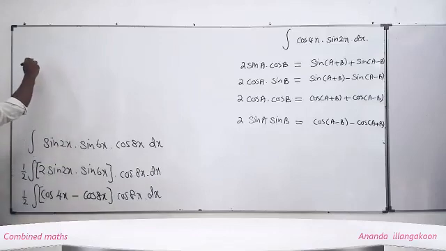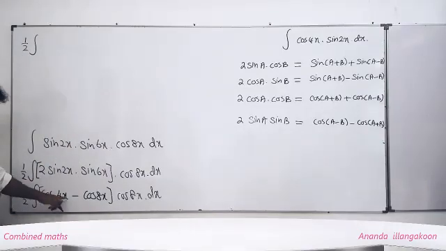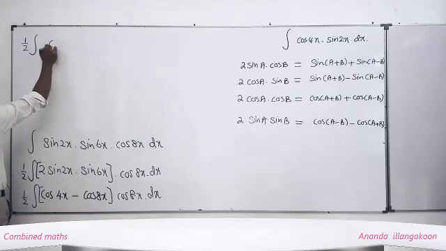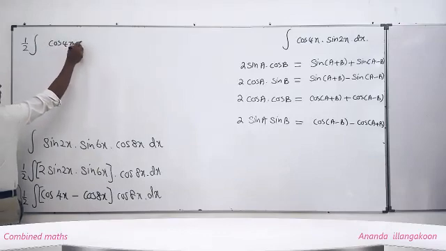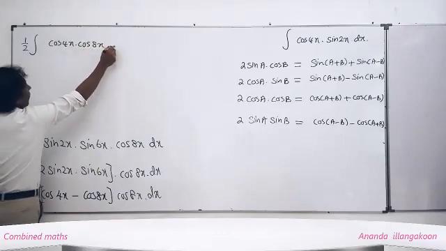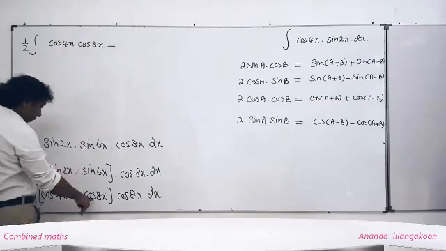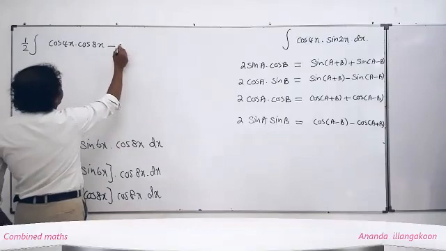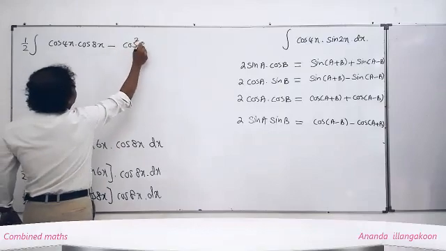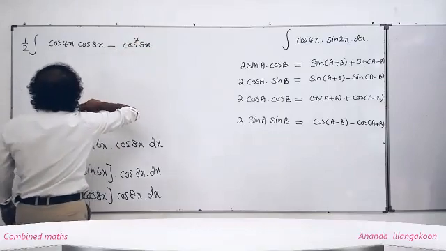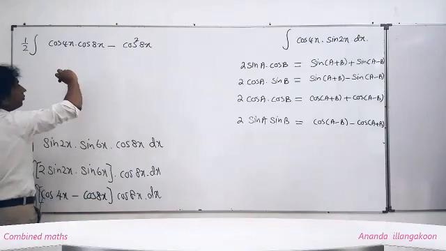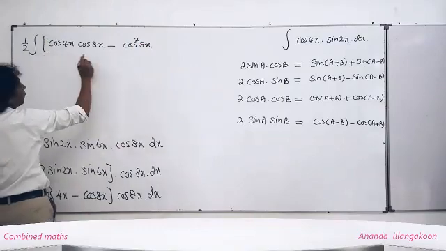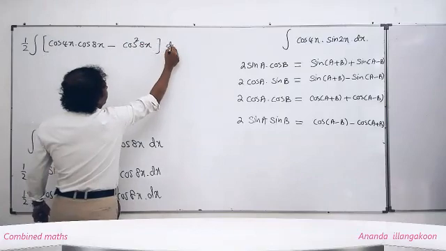Then we get this one. I can write half integration cos 4x cos 8x minus cos 8x cos 8x, cos squared 8x, dx.